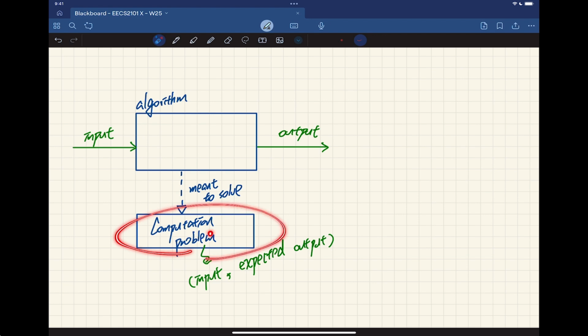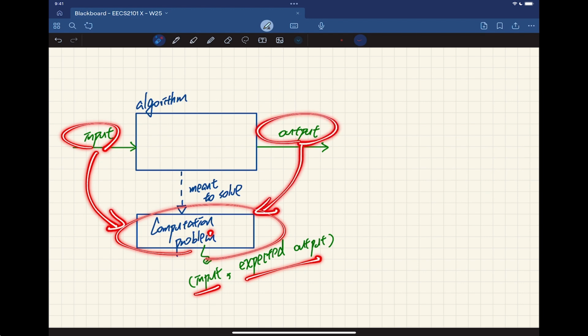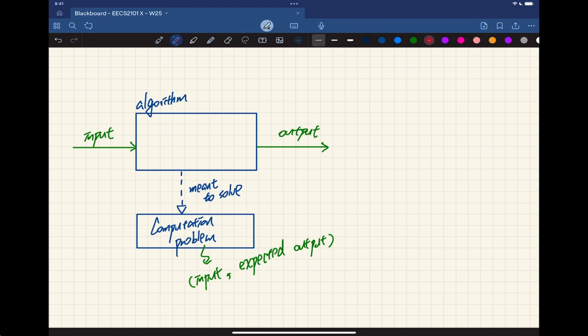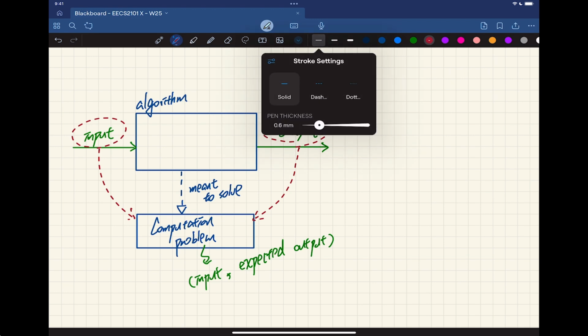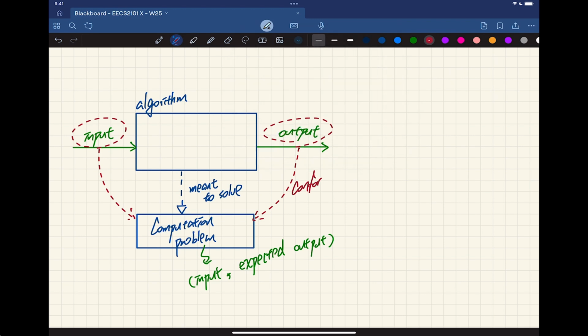If we got a sorting problem, the input and output should both be an array. The input here must be an array, and the output here must be an array as well, according to the problem. So the input is going to conform to what's defined in the computational problem, and the output will conform to it too, in terms of the format and the types. If you declare that to be an array, or an integer, or an object, etc., for both the input and the output.